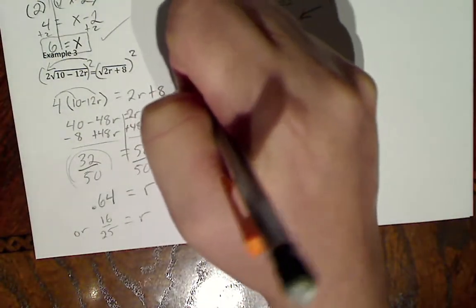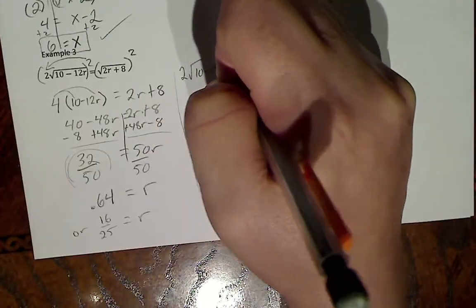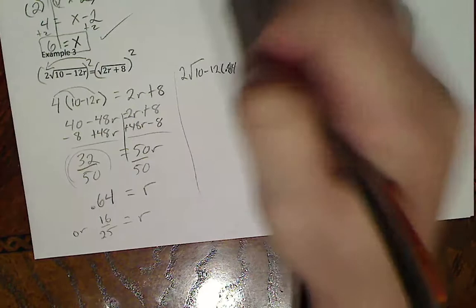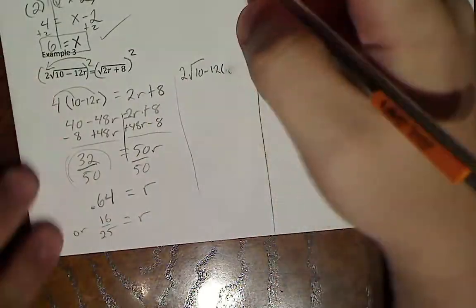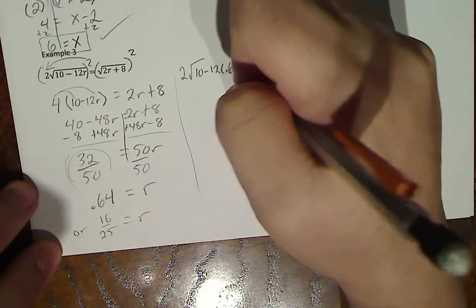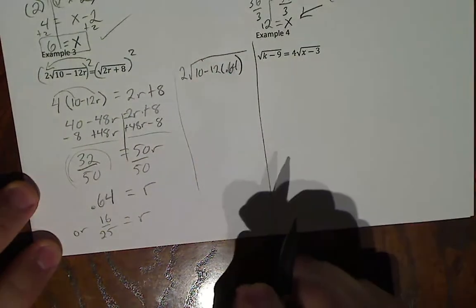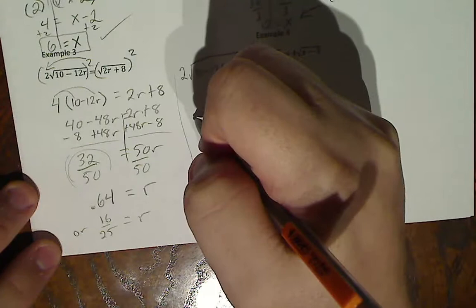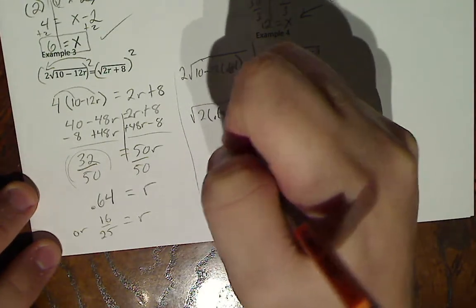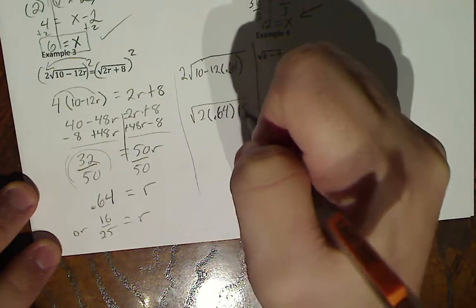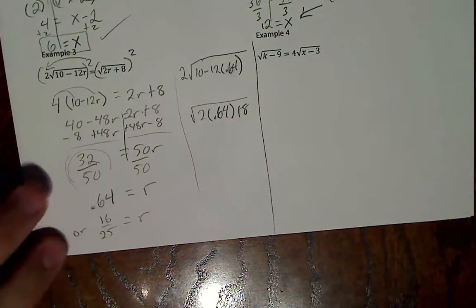So if I did this, then I would do 2 square root of 10 minus 12 times, in this case, 0.64. Oops, let me erase that. That's kind of ugly. 0.64. Okay, as my first one. And then I'm going to do the other one where it's the square root of 2 times 0.64 plus 8 to see, do these give me the same answers?